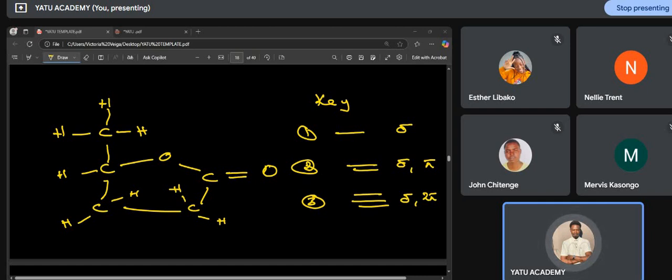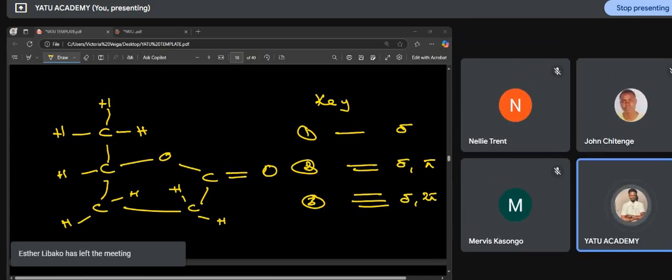Okay, so you see that there's only one double bond in the structure, meaning there's only one pi bond in the whole molecule. Then look at the rest of the bonds. The rest of them are just single bonds, so you just count the single bonds.